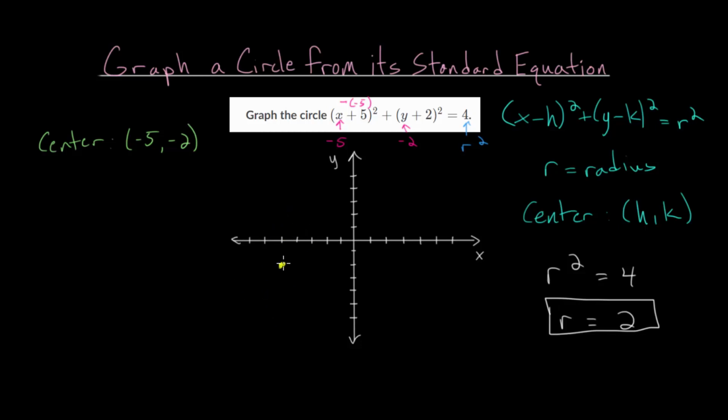So let's use the radius from the center to find the points on the edge of the circle. If we just go 2 up, that brings us to this point. And if we go 2 down, we're at this point. If we go 2 to the right of our center, that's at (-3, -2). And if we go 2 to the left, that's at (-7, -2).